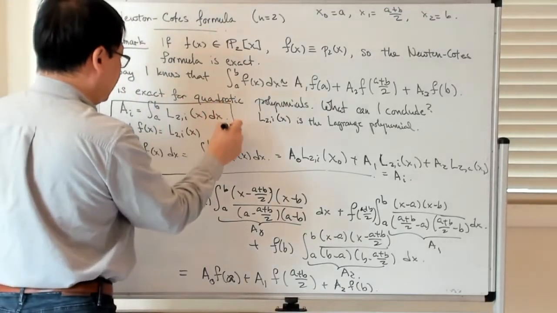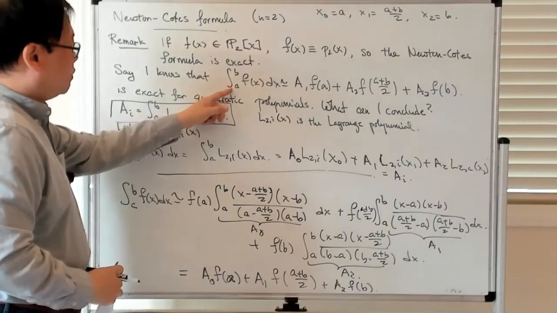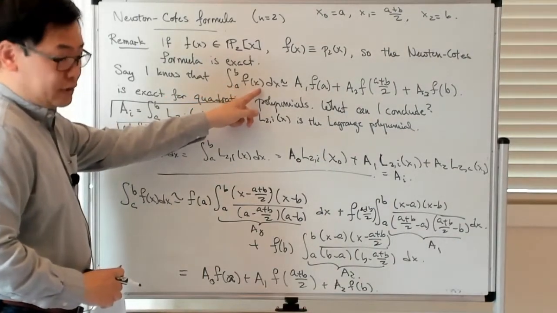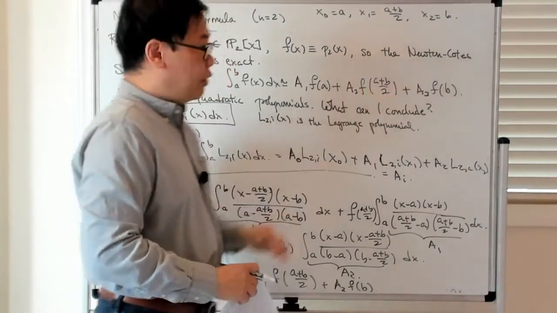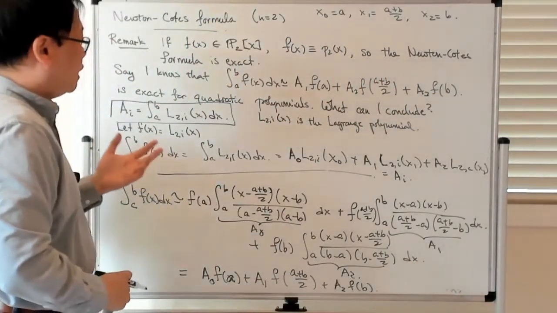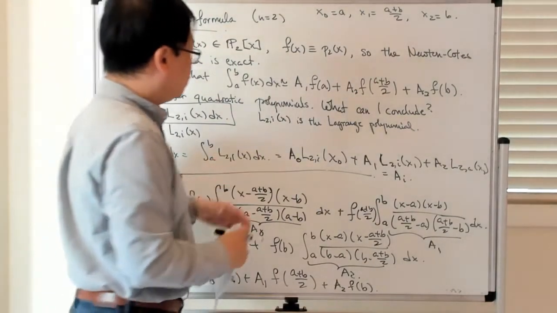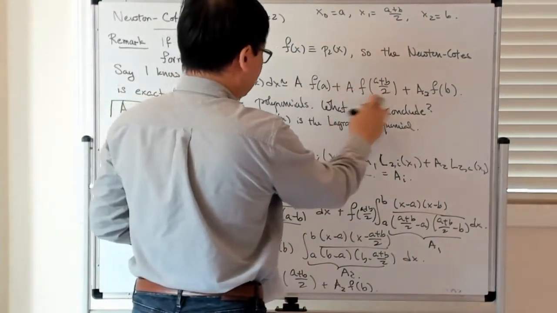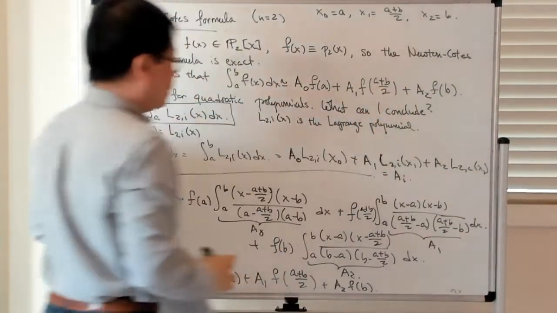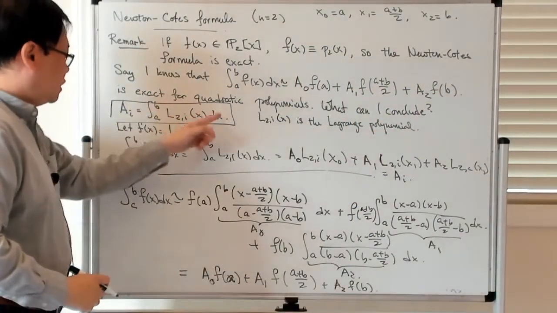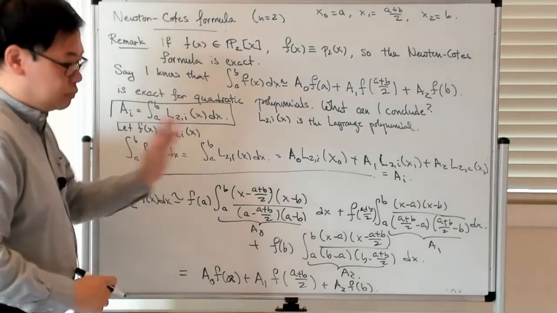So the claim is that if you approximate the integral by a linear combination of the function values at these three points, and you know that the formula is exact for quadratic polynomials, then you're forced to conclude that those coefficients, a0, a1, a2, are exactly the integrals of these Lagrange polynomials. So it goes both ways.